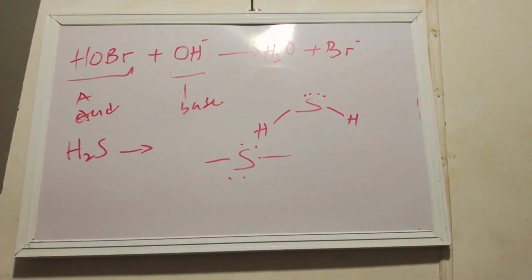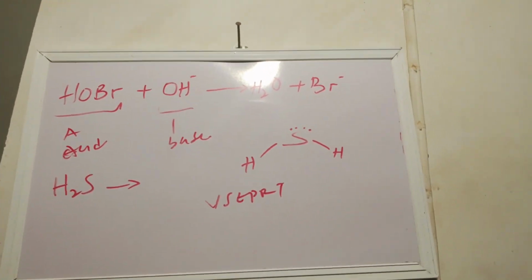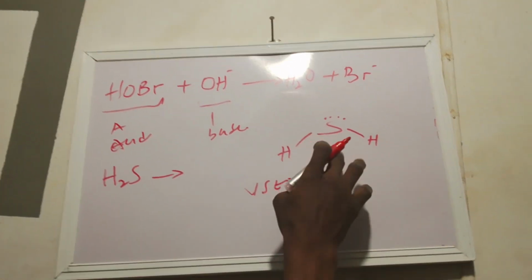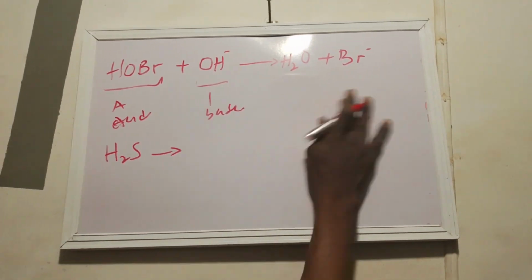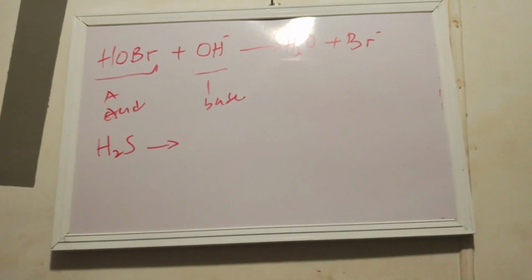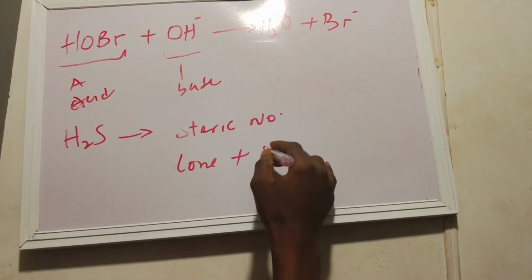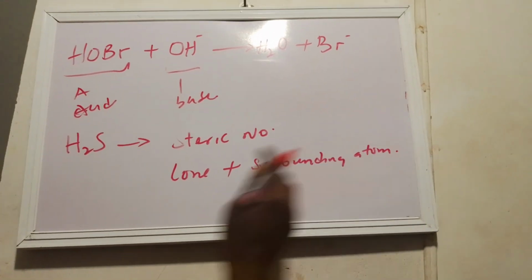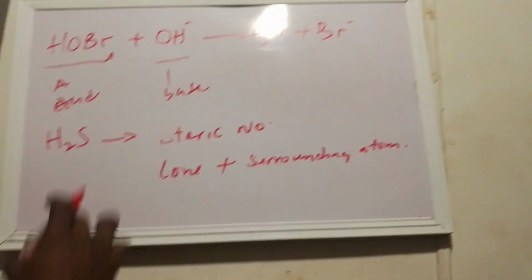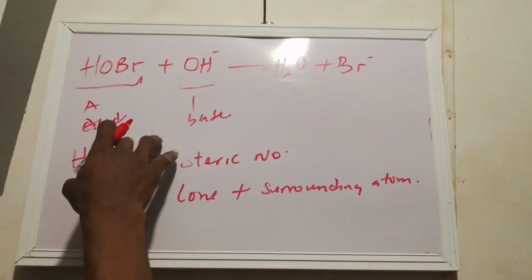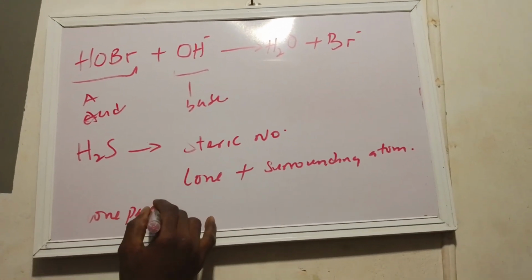You can also use the formula method. How do you do that? You are going to look for the lone pair. The formula for calculating the lone pair is the group number of the central atom, for sulfur which is 6, minus the combining power of the surrounding atom, for hydrogen which is 1, times 2.